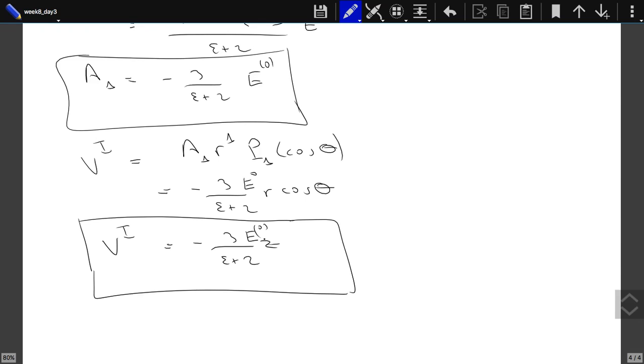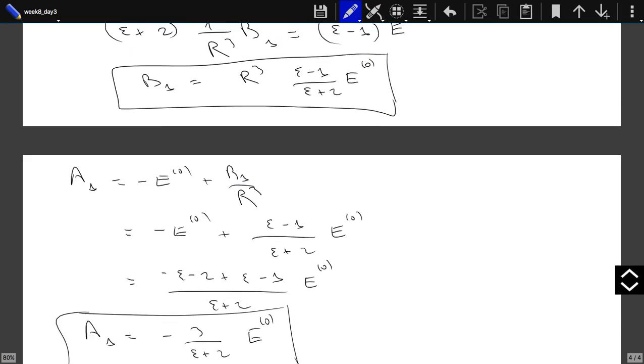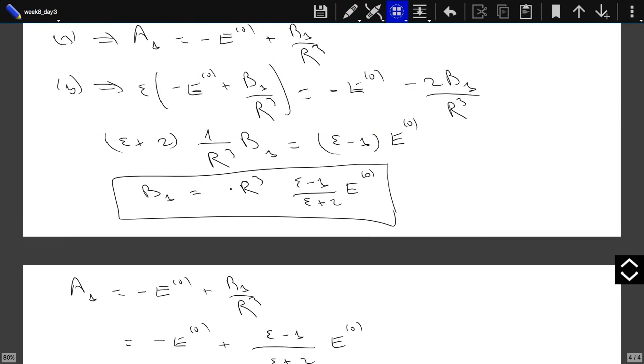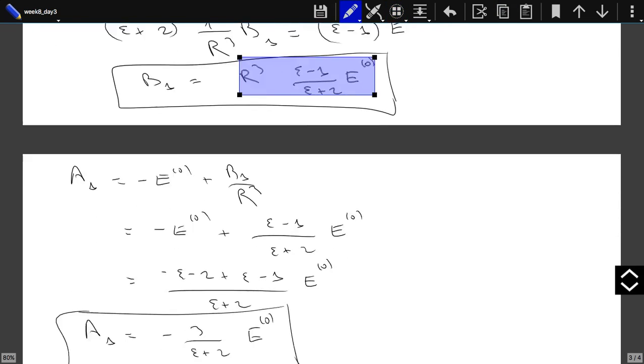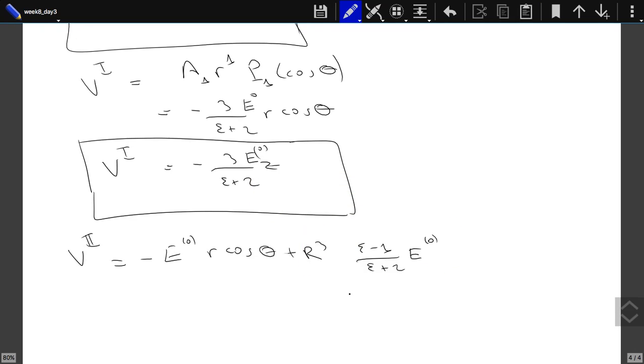Let's look at the outside V2. V2 was minus E0 R cosine theta plus B1 over R squared times P1 cosine theta.